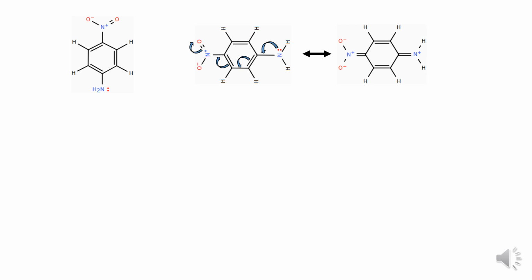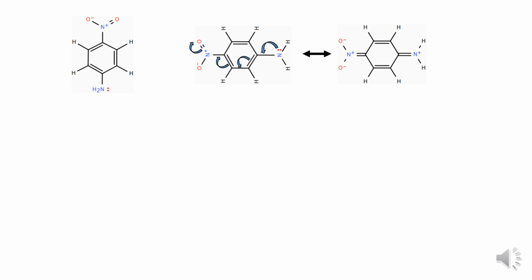So when you observe the structure of para-nitroaniline, you can see that the amino group and the nitro group are para to each other, and you find one lone pair of electrons on the nitrogen atom, and that is getting delocalized into the ring by resonance, and this leads to extension of conjugation.